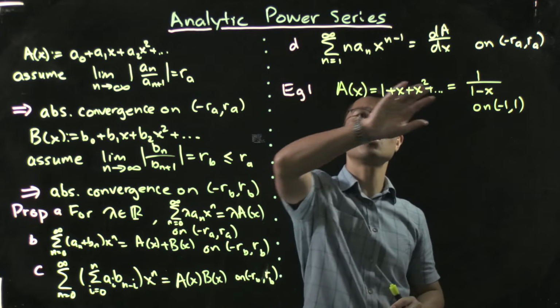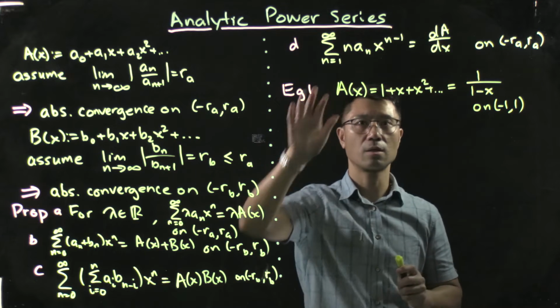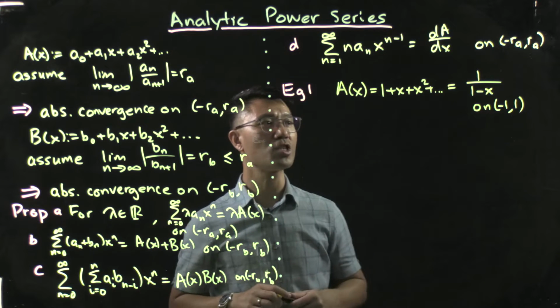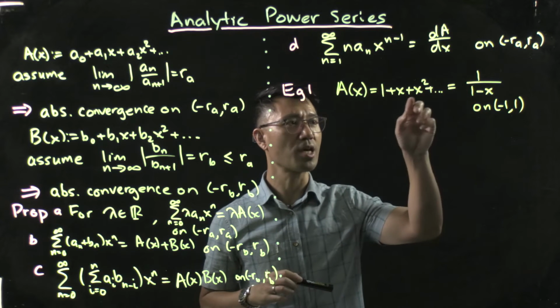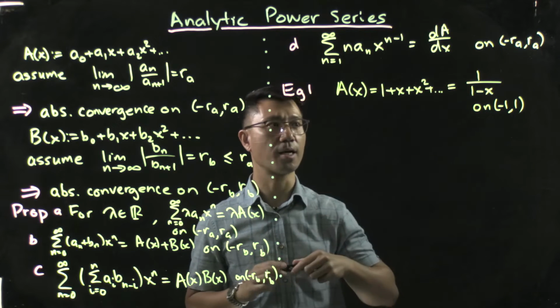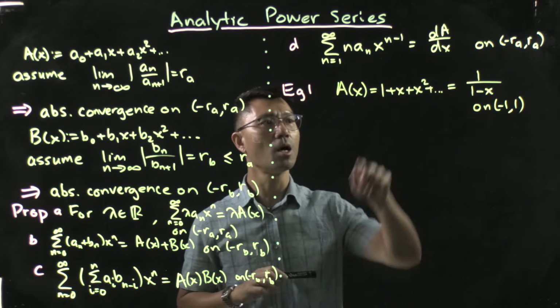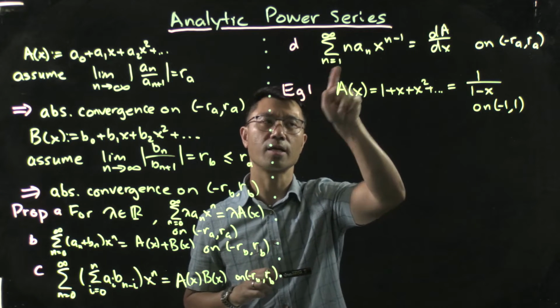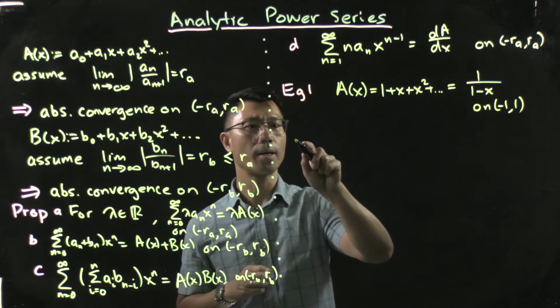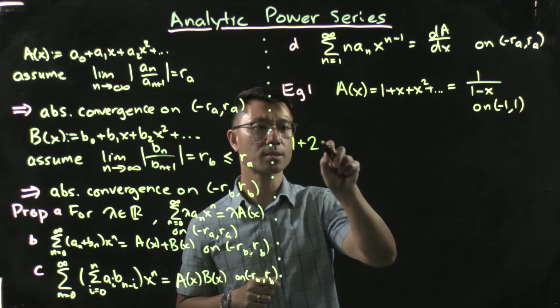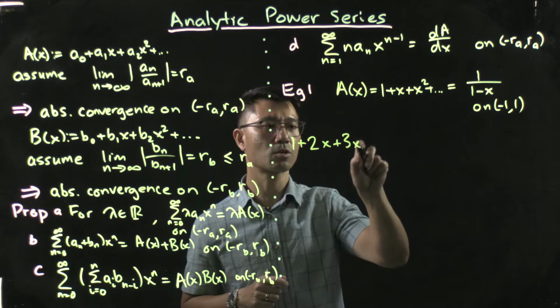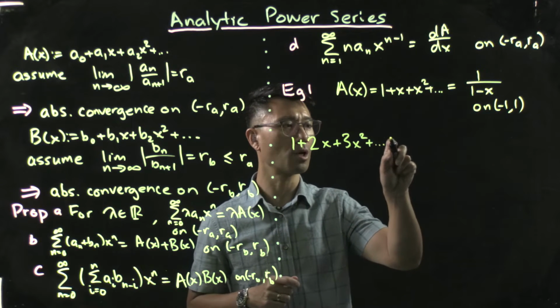So the first thing we can do is differentiate this. Okay, so if we differentiate this, what do we get? So let's just differentiate this left-hand side here, this term here. So 1 goes to 0, that's why you start at n equals 1. The x gives you 1, plus the x squared gives you 2x, and then you get 3x squared, plus dot dot dot.